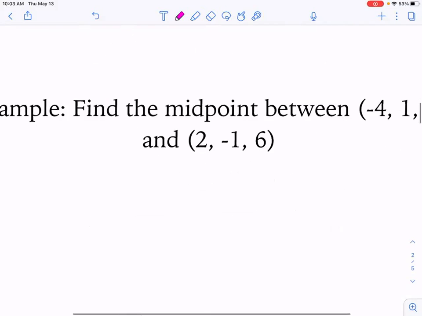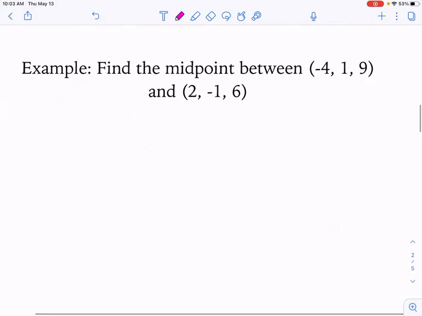All right, so let's find the midpoint between these 2 coordinates. Write them down and write down the work that you think will lead to the answer.